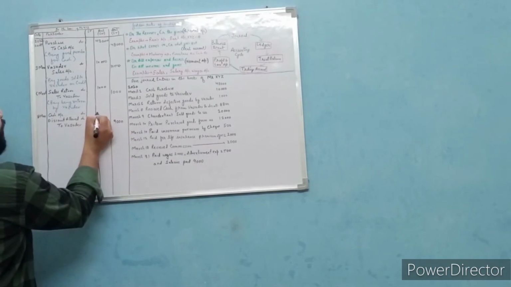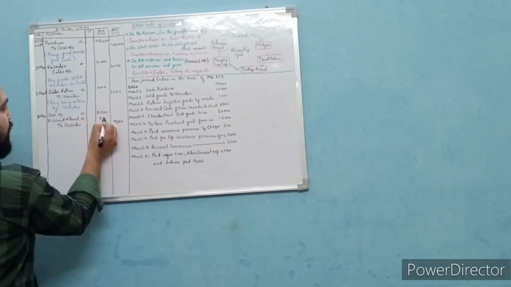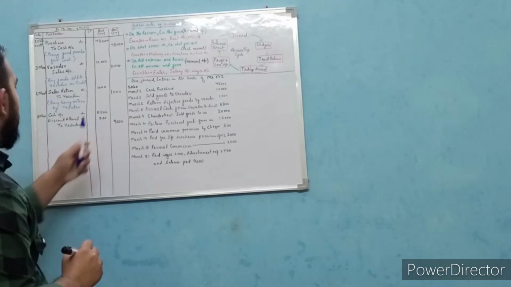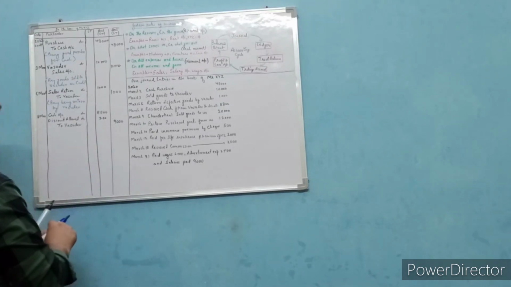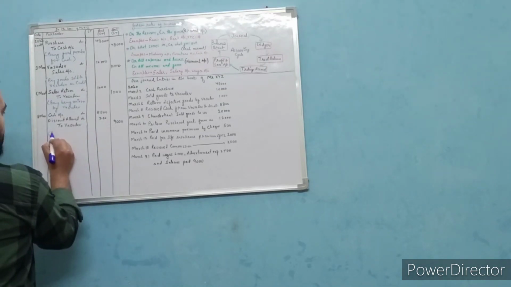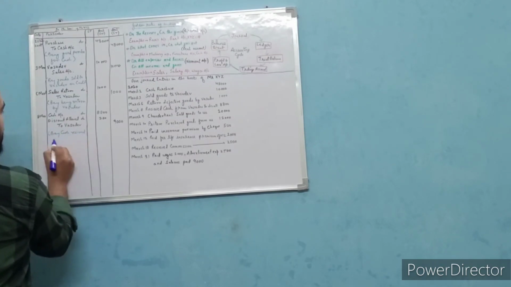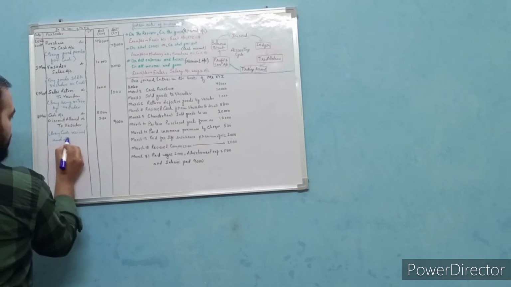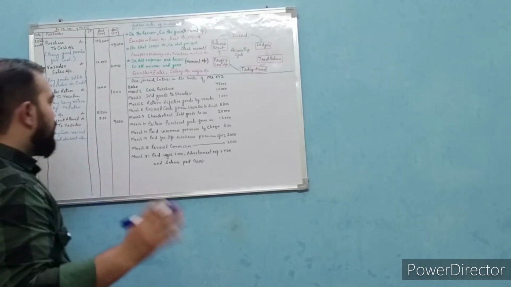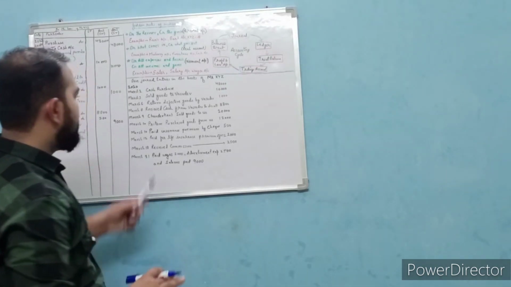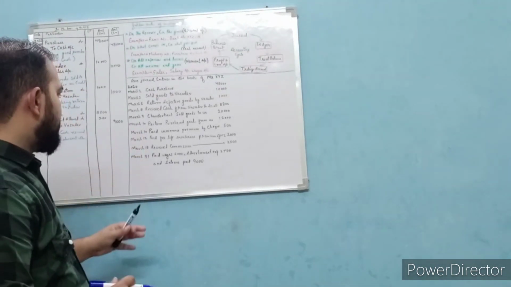But we received only 8,800 rupees, and we allowed a discount of rupees 200. So we will write like this. Again, we have to explain with the help of a narration: being cash received and discount allowed. Understood?